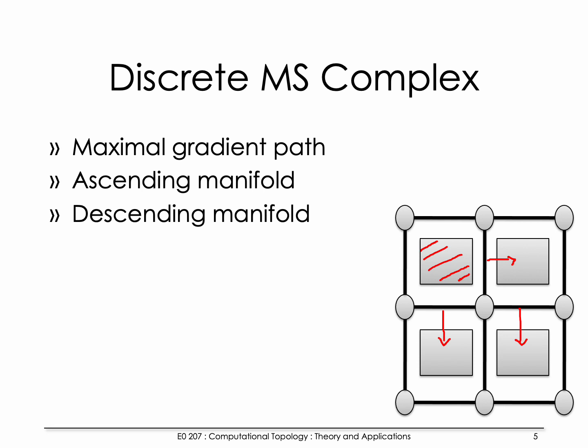The ascending manifold, for example, for the minimum that we saw in the lower right region, consists of all the V paths, all the gradient paths that happen to flow into this minimum, such as this direction.